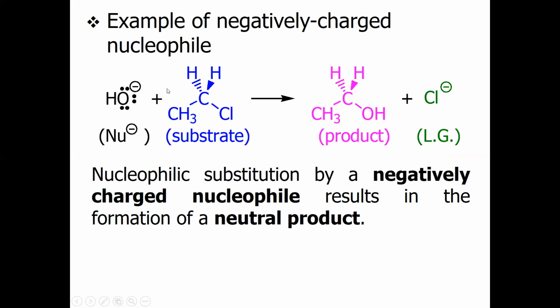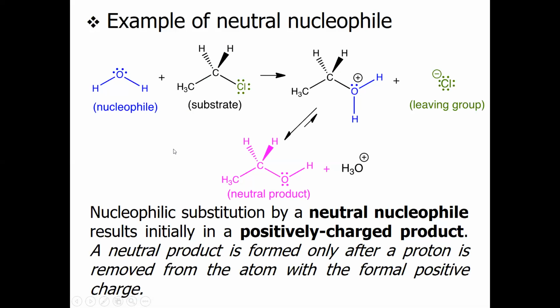When it attacks the electrophilic center, the halogen will depart and give you the product, and it is the leaving group. And this is an example of a neutral nucleophile. Remember, students, when a neutral nucleophile attacks an alkyl halide, first it will give a positively charged product.